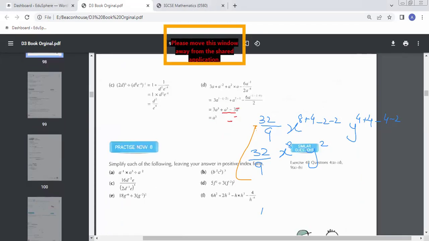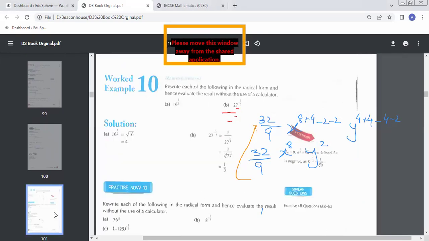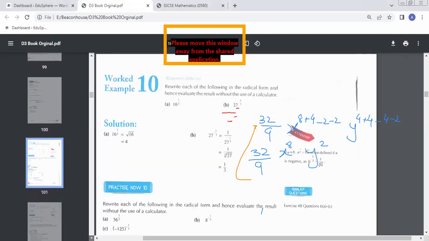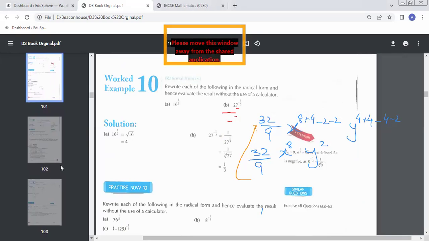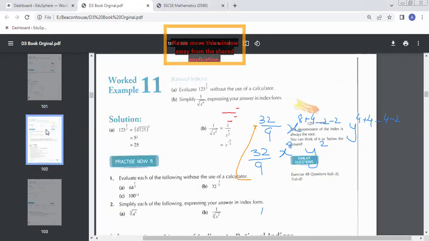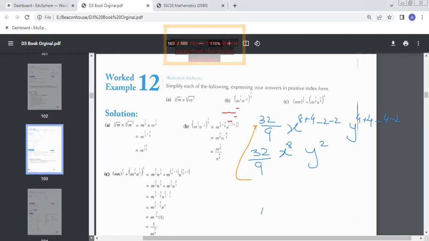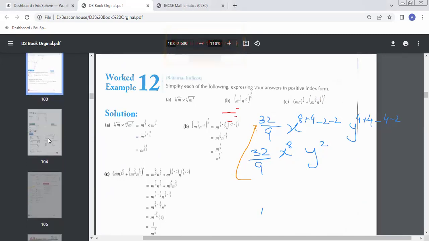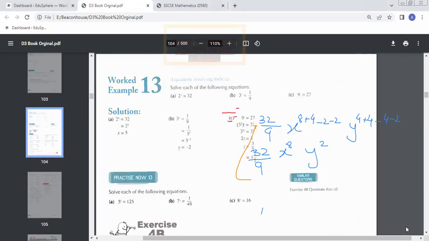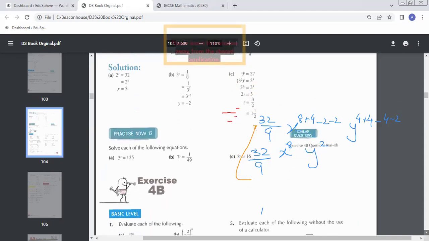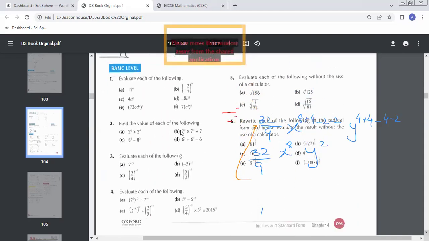I'm sharing a few more example and exercise questions, so this exercise will be discussed in the later class. This was all from today's class. See you in the next lesson.